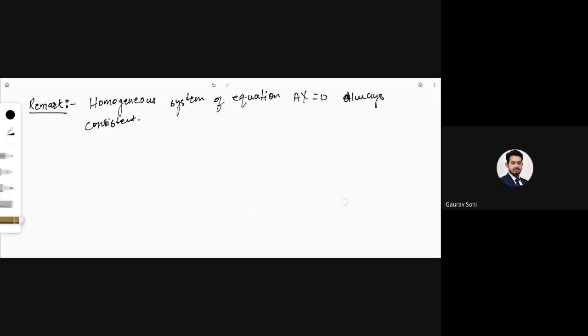If A is a square matrix, can you determine a case when the system will have a unique solution? I just want a condition when the system will have a unique solution.